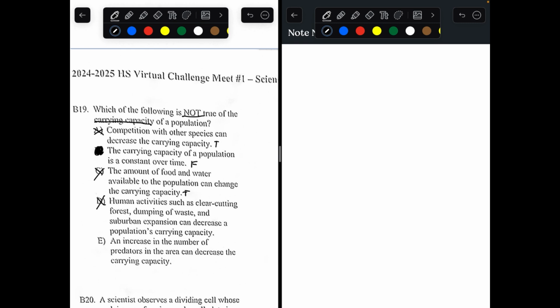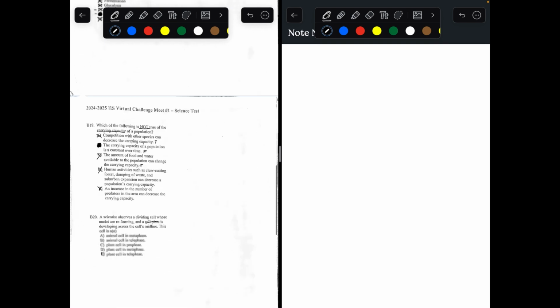As for E, an increase in the number of predators in an area can decrease the carrying capacity. More predators means a higher chance of dying. So fewer animals can survive. There's a lower chance of animals surviving. And so the carrying capacity of an environment will decrease. So the answer to number 19 is going to be B.